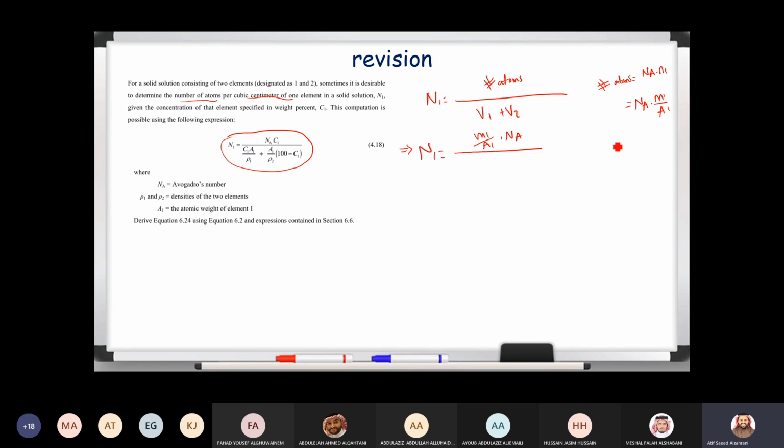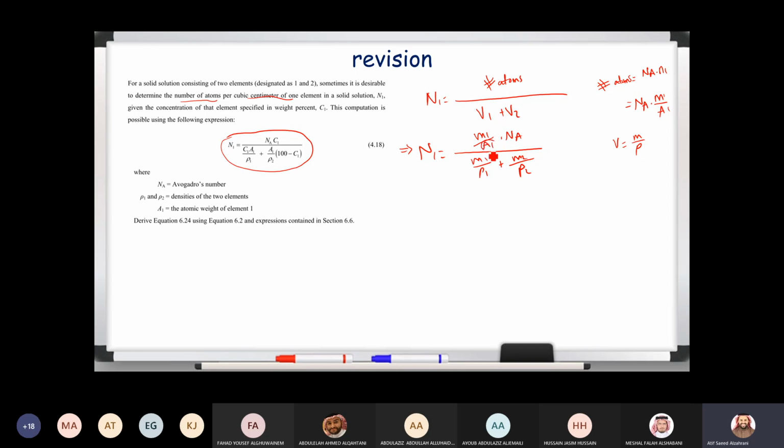And the V is basically mass over rho, density. So we can say that it is M1 over rho 1 plus M2 over rho 2.